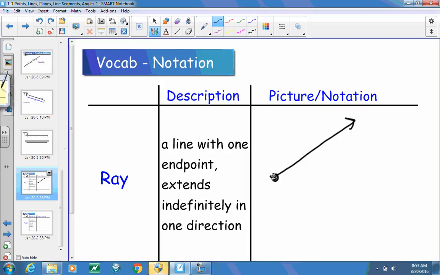Here we're just going to be looking at this point and drawing it out. A ray definitely has to have one endpoint, so we'll say that is A, and then we want another point on there so that we can give this ray a name. We use those two points and put a line with just one arrow over the top. The beginning of your line should go over where the endpoint is.